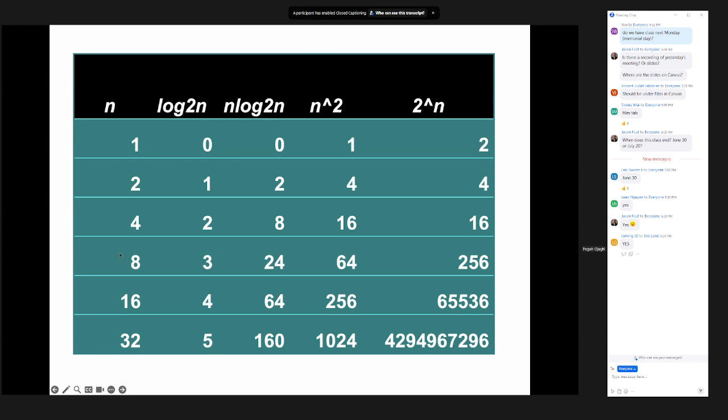If I have social media and I want to make a suggestion, and the number of users gets high and the algorithm takes that long to finish, then the algorithm is garbage. It doesn't make sense. It doesn't work, because it doesn't give any value. So you need to make sure, based on the number of inputs, what the algorithm is going to generate and what it is going to be. Does it make sense?